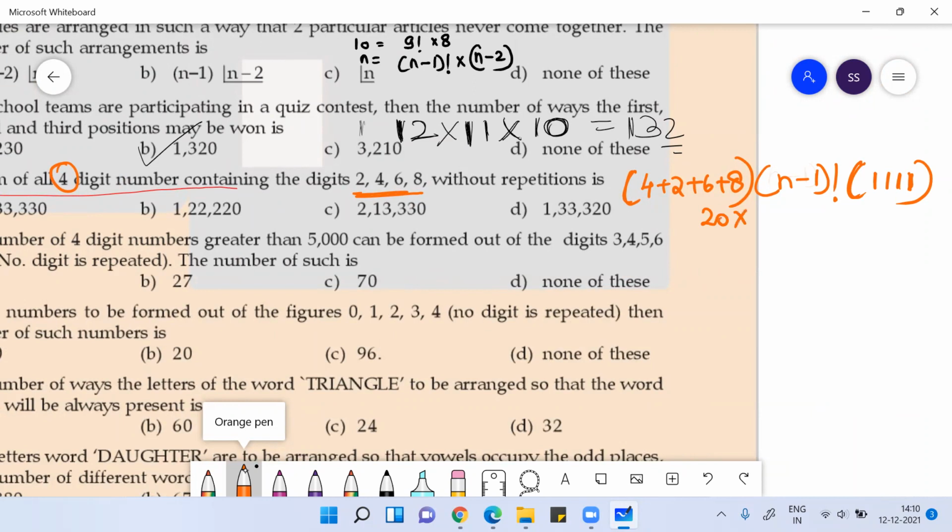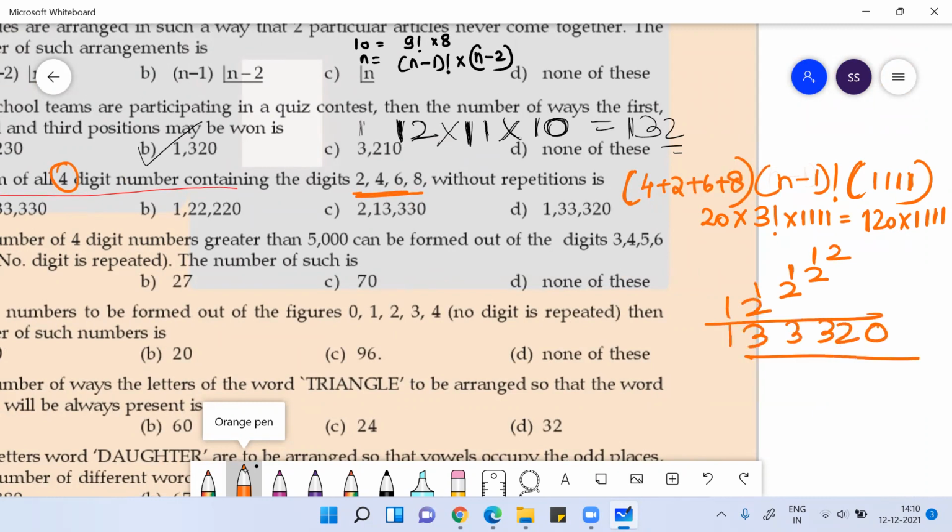So this would be 20 into 3 factorial into 1111. So this is 20 into 6, 120, into 1111. So you can write this as 1,33,320.